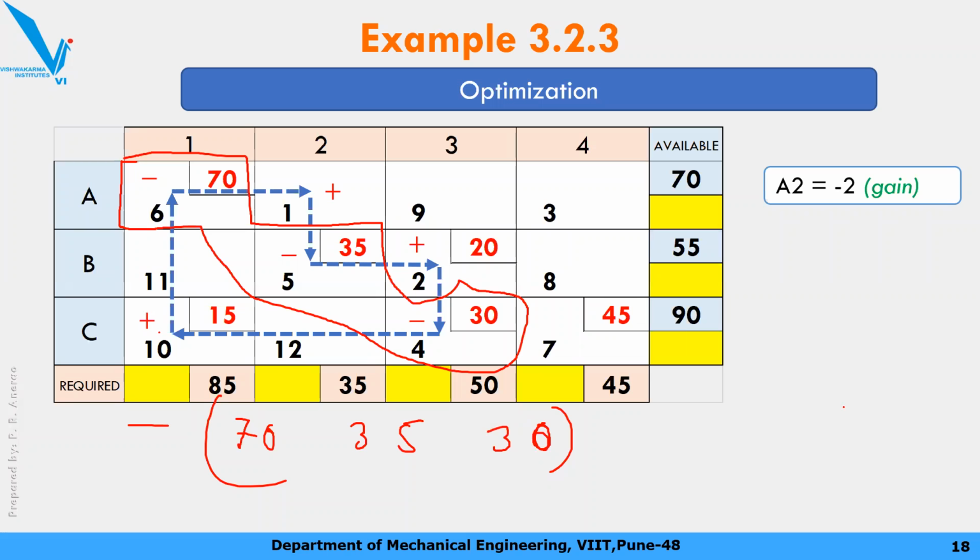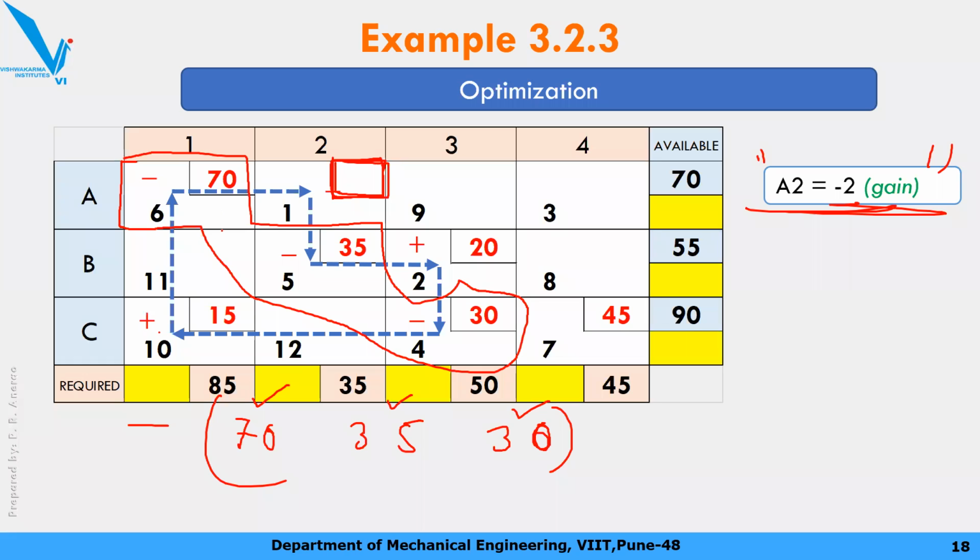As per our calculation, if we put some allocation at A2, we will minimize the transportation cost. Now how much should we allocate here? We need to make a decision. The options are 70, 35 and 30.